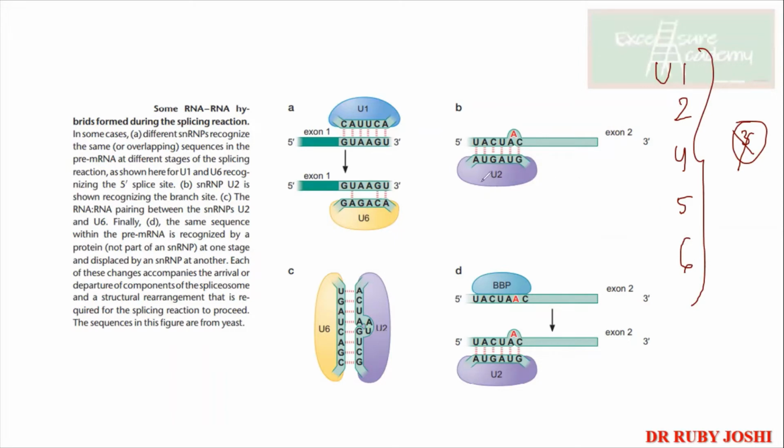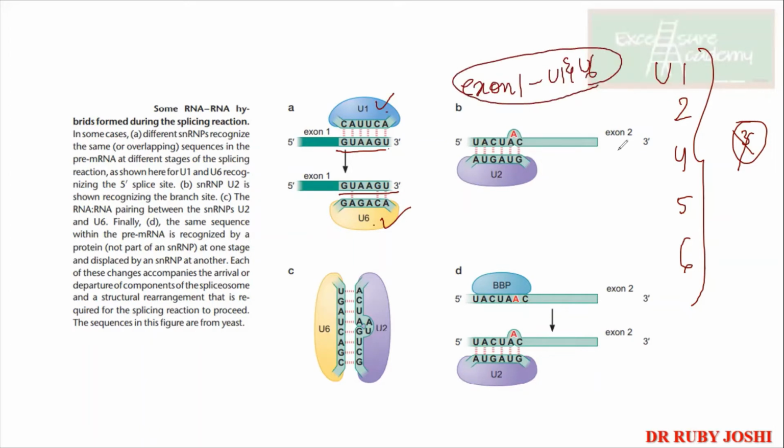You can see that exon 1 can interact with U1 and also U6. It is the same exon sequence, but it can form complementary base pairing with both U1 and U6.